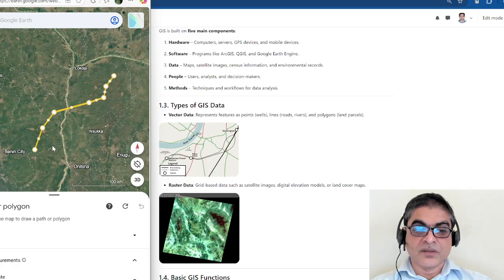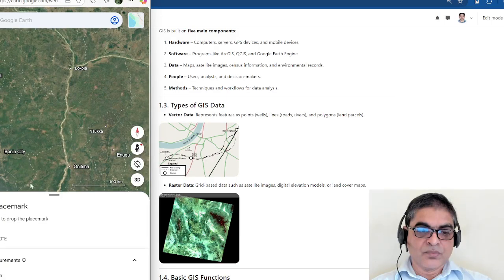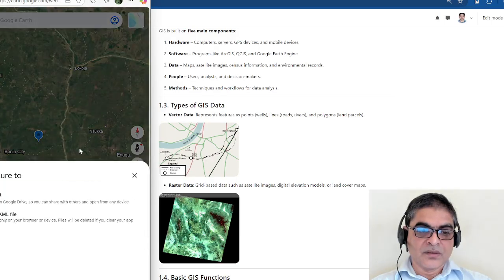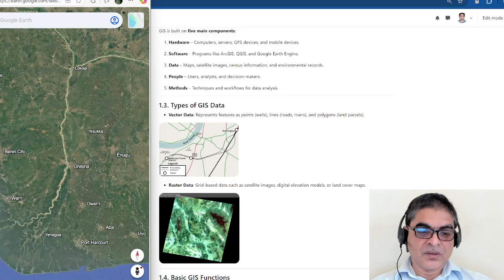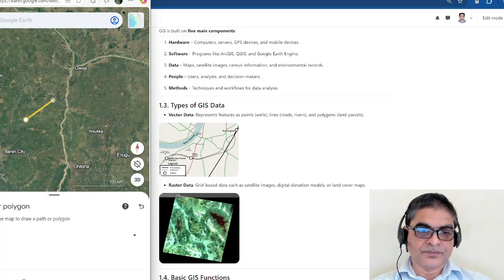So this is what is called vector data, which may be a line, a point, or a polygon.